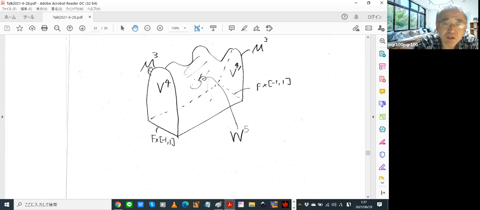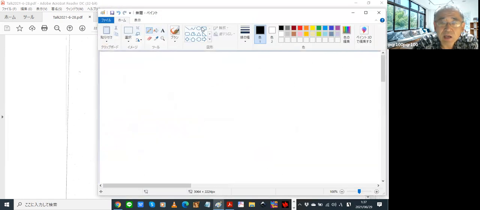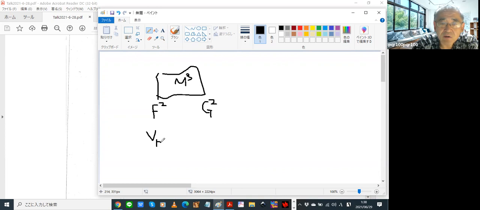But we can say one thing from another viewpoint. Quantum invariants of 3-manifolds with boundary: Atiyah said that under Atiyah's TQFT axiom, the quantum invariant of a manifold with boundary must be a linear map from the vector space associated with F to the vector space associated with G. Then we consider elements of VF and VG.